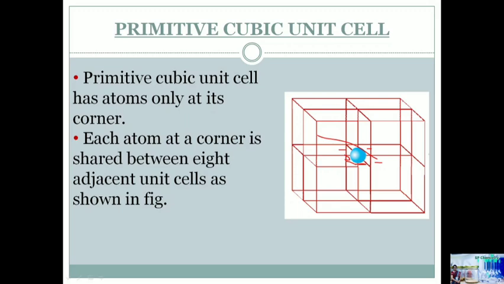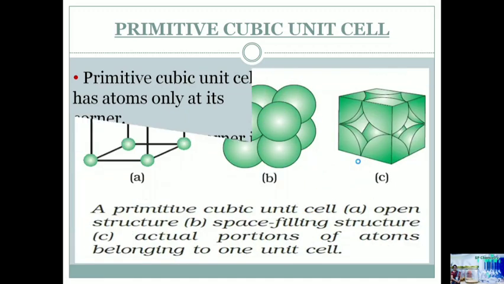Then above also in that way, above 1, 2, 3, 4. In this way this atom is adjacent to how many unit cells? 8 unit cells. So its contribution per unit cell will be 1/8.